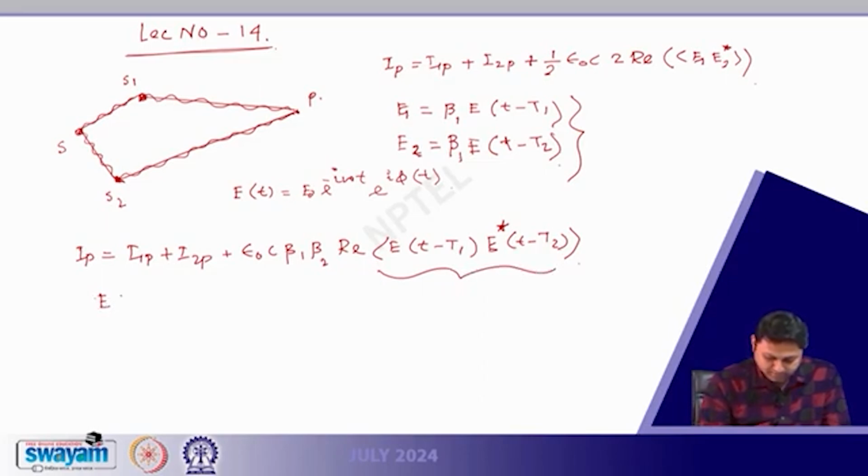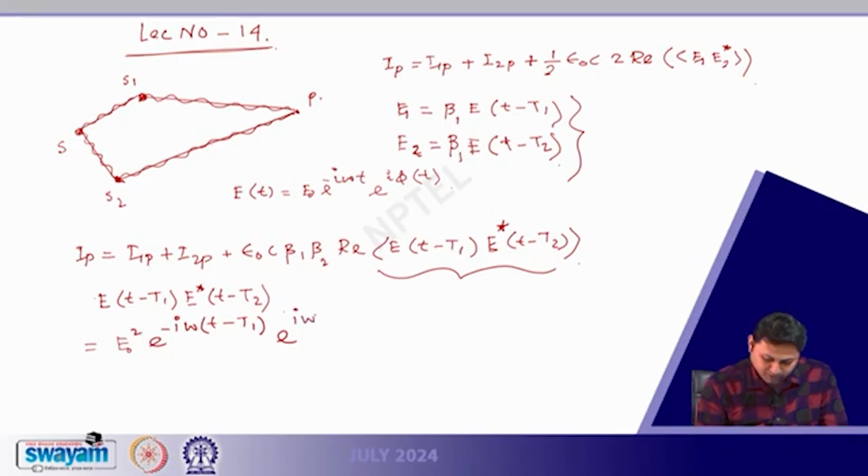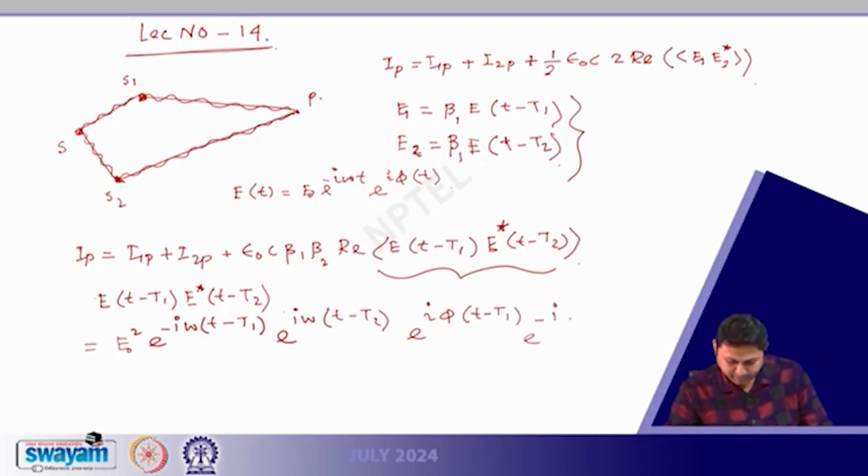So E of t minus T1 and E star of t minus T2, that quantity one can have as E naught square e to the power of minus I omega (t minus T1), e to the power of I omega (t minus T2), e to the power of I phi (t minus T1), and e to the power of minus I phi (t minus T2).